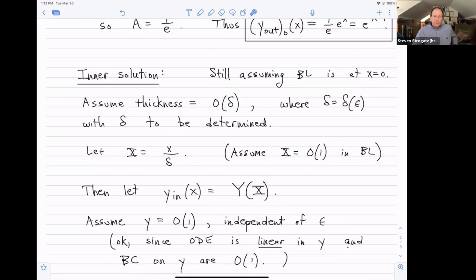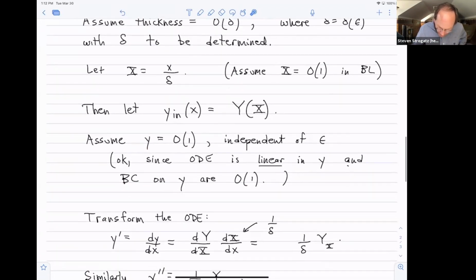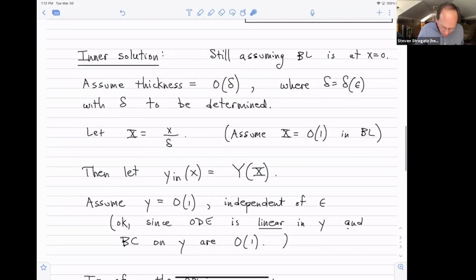So that's what we're going to assume. Hope that reasoning made sense. We will see some nonlinear problems later in the course where we have to scale both x and y. That'll be coming up soon. There are even some linear problems where that's relevant, as we'll see in the next lecture. But for now, we're in the simple setting where we don't have to scale y.